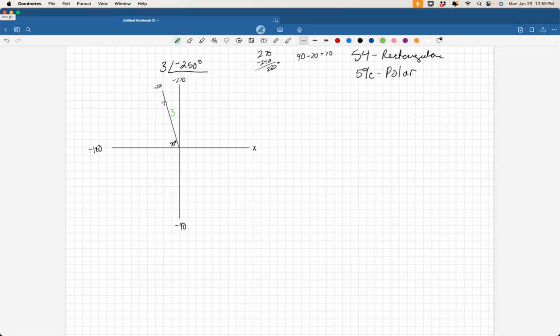I'm going to draw my little relative right triangle, and that's going to give me the location and shape of my right triangle. That's going to give me how I need to find my rectangular coordinates.